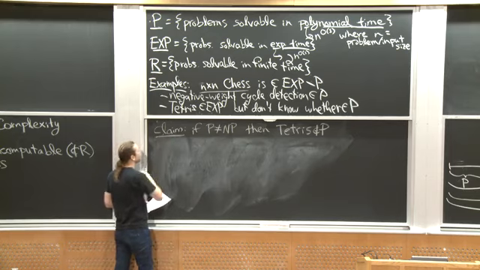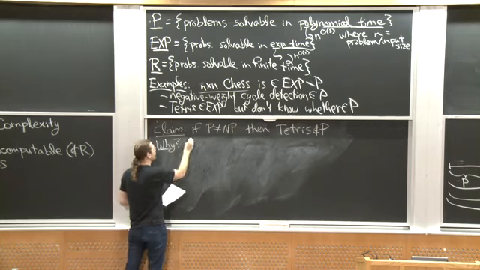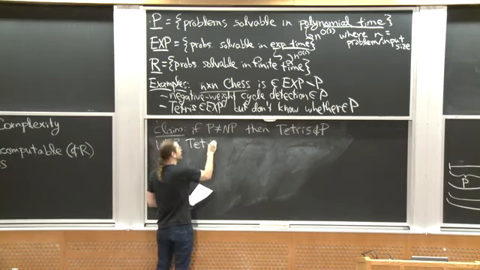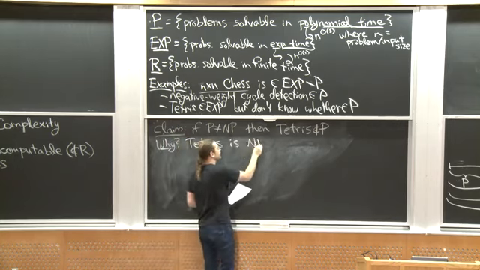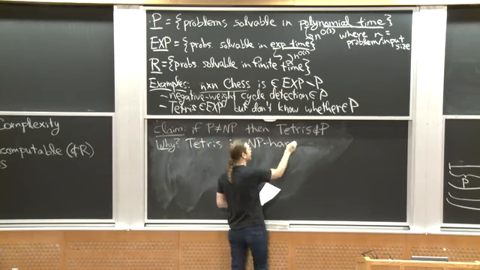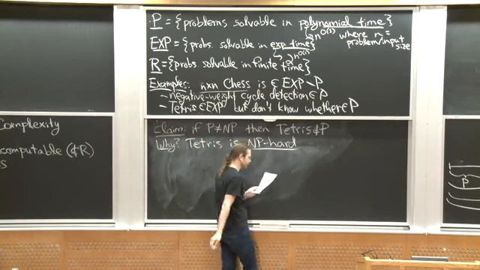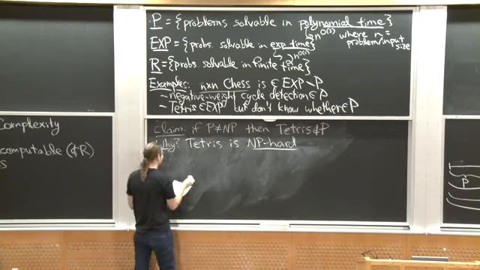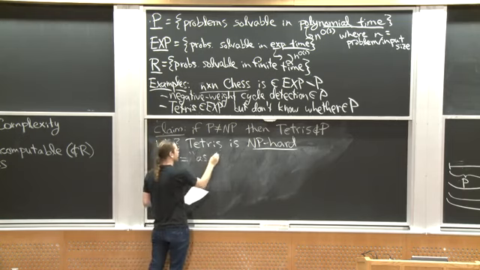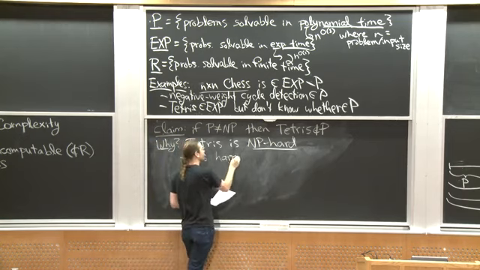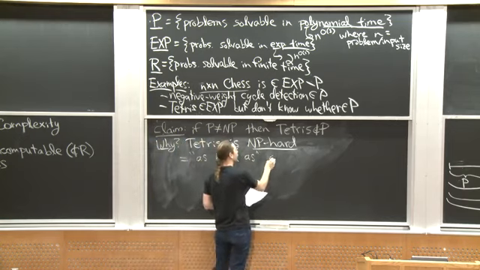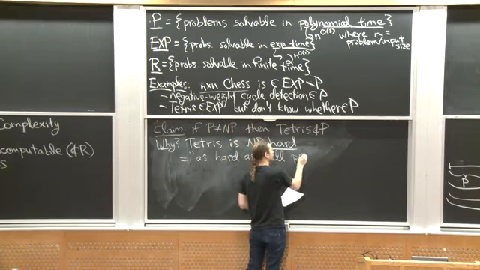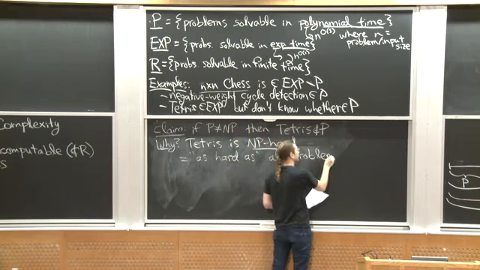This is a consequence of another theorem, which is that Tetris is NP hard. I'm going to define NP hard informally first, and then I'll define it slightly more formally in a second. But this means roughly that Tetris is as hard as all problems in NP.